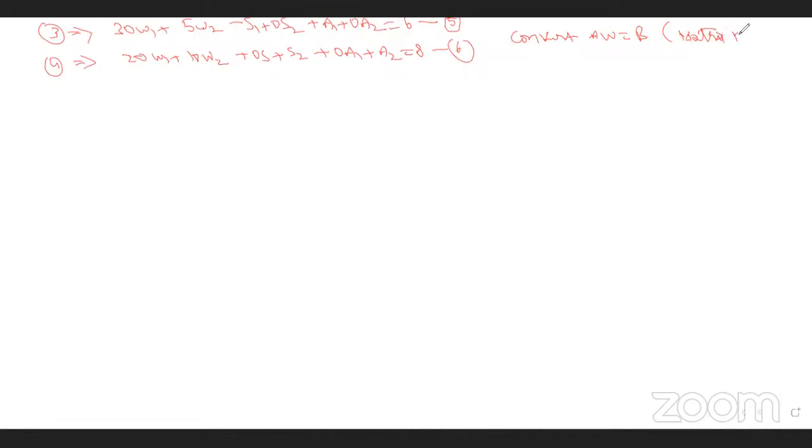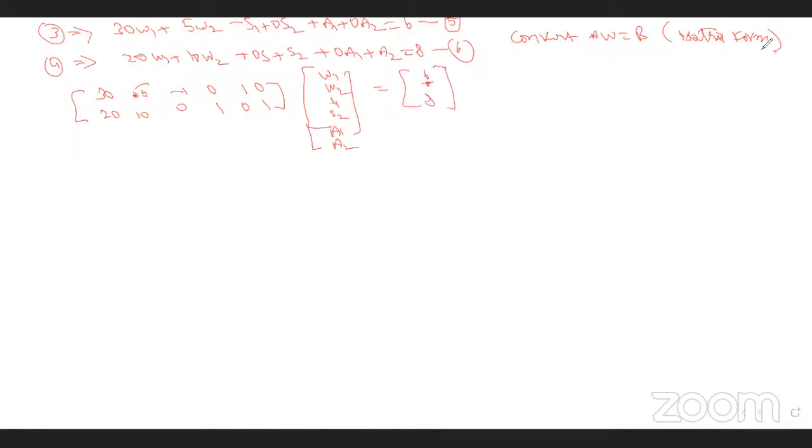That equals 30, 5, minus 1, 0, 1, 0; next 20, 10, 0, 1, 0, 1, times W1, W2, S1, S2, A1, A2, that equal to 6, 8.